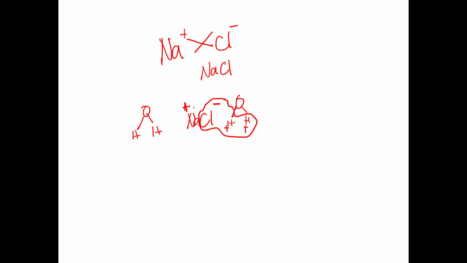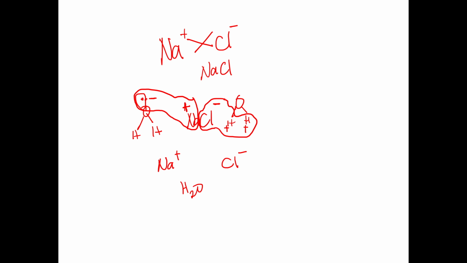And the positively charged sodium is attracted to the negatively charged part of water, which is oxygen. So they will come together. What you will have is now a mixture of free sodium ion, free chloride ion, and water.